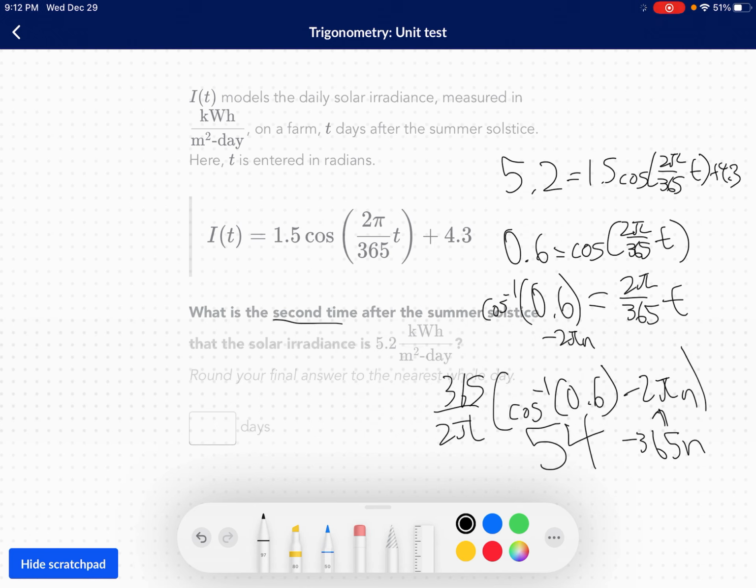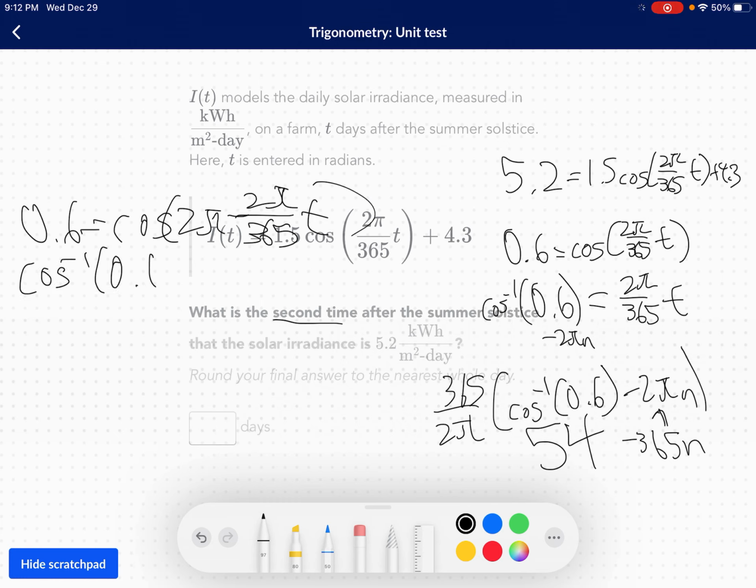It's asking for the second time, so I'll do the second equation. So inverse cosine, wait, no, not up to that yet. 0.6 equals cosine of 2 pi minus 2 pi over 365 t, and then take the inverse cosine of both sides.